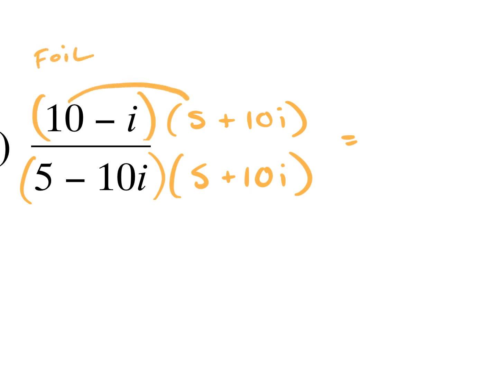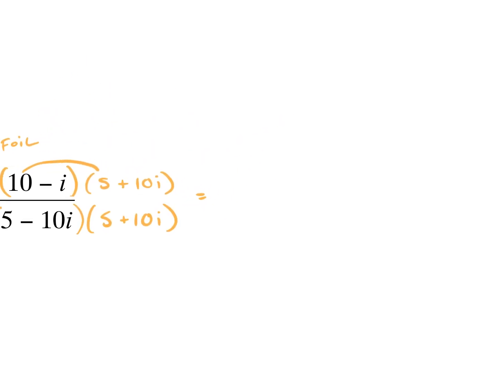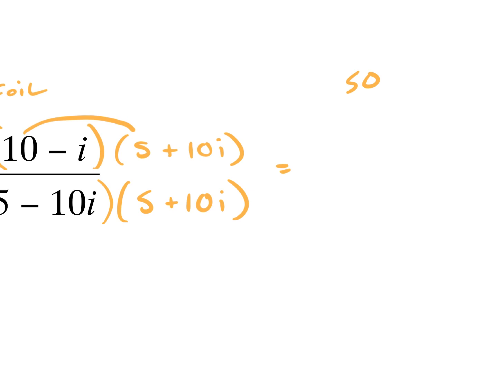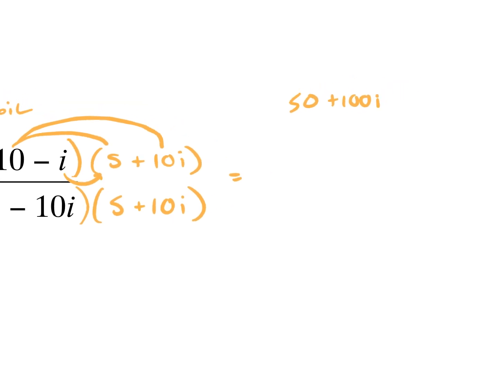So 10 times 5 is 50. 10 times 10i? 100i. Negative i times 5? Negative 5i. And negative i times 10i? Negative 10i squared. What do we change the i squared to be?